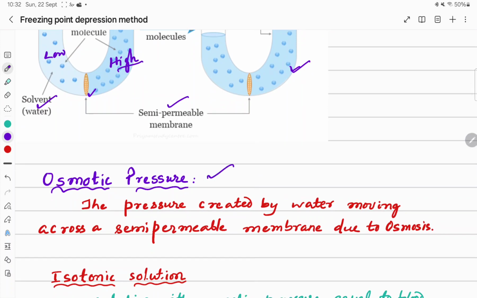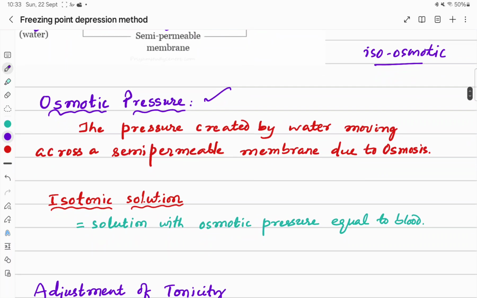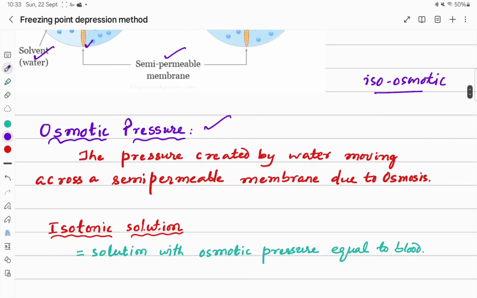And when two solutions have same osmotic pressure, we call them as iso-osmotic. So blood is also having one osmotic pressure, and any solution which has osmotic pressure equal to blood is called as isotonic. So we call isotonic solution a solution with osmotic pressure equal to blood.